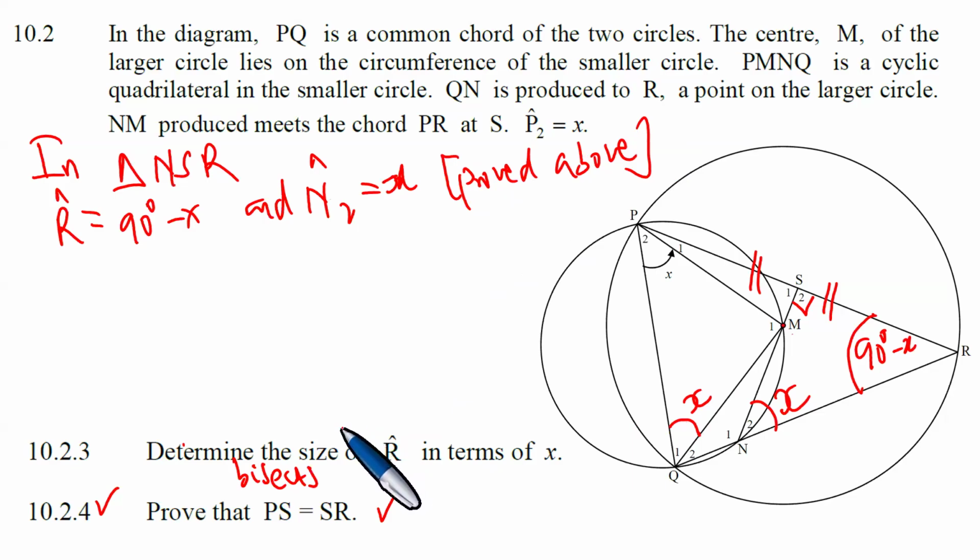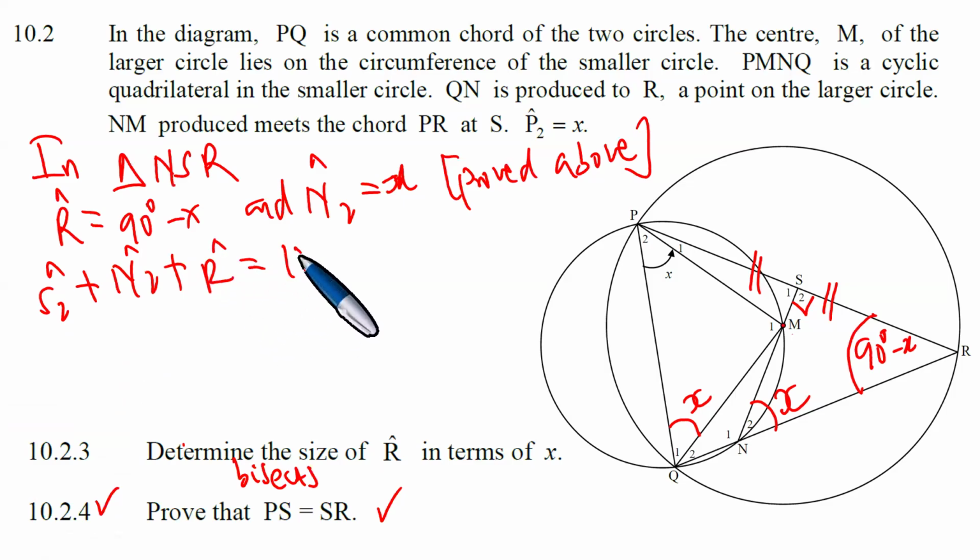What then do we find? The angle S2. You can add S2 with this. So if you want, you can just do this and say the angle S2, you also add N2, you also add angle R, equals 180 degrees.